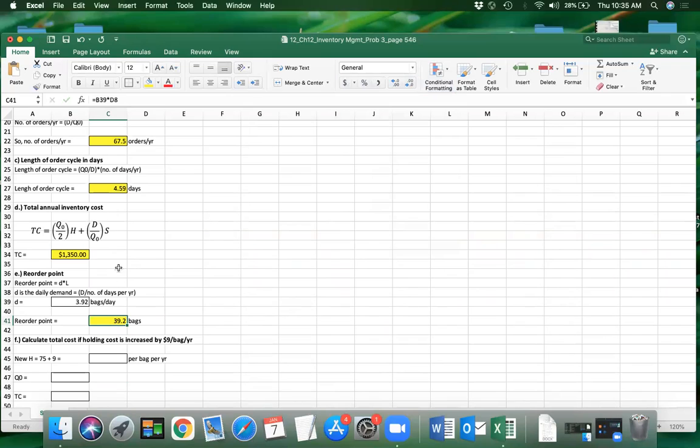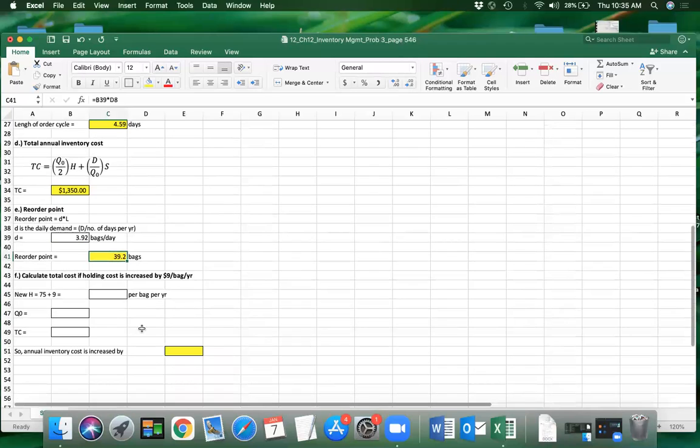So as soon as my inventory drops to this level, 40 bags or 39.2 bags, it cannot be fractions, so it's always better to take it as 40 bags. I will place an order because it will take 10 days, and I roughly need 40 bags for that time period, because otherwise I will run out of inventory. So that's my reorder point.